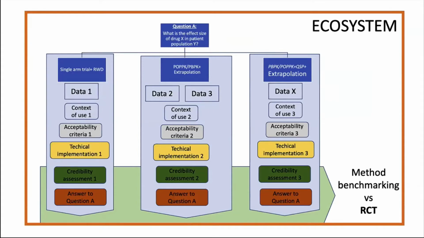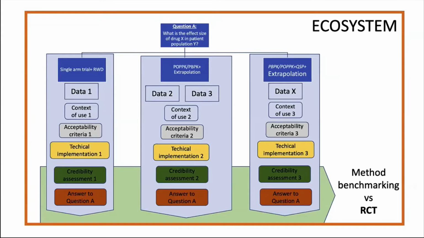we should think about the evidentiary standard. What is the method that would have been used and accepted by the regulators in the absence of all the barriers related to practicability and feasibility? Let's say that method is randomized controlled trials.